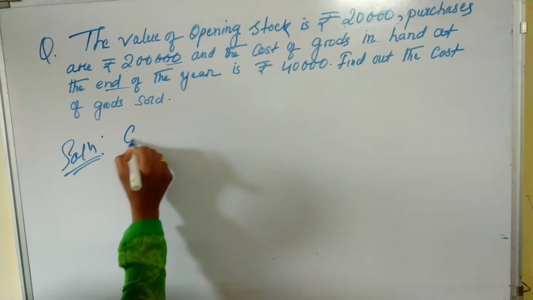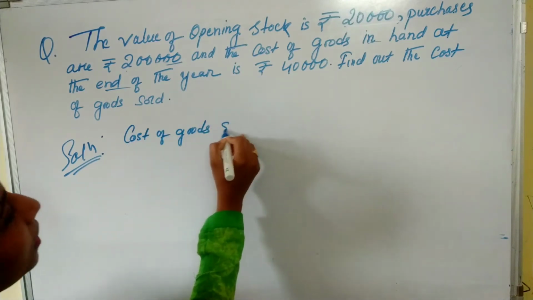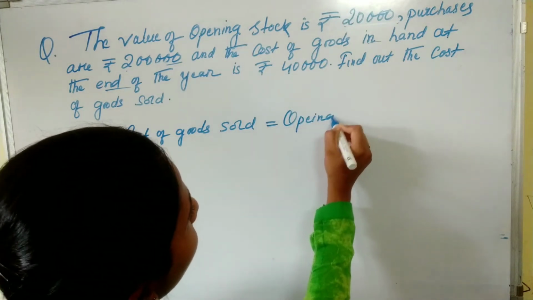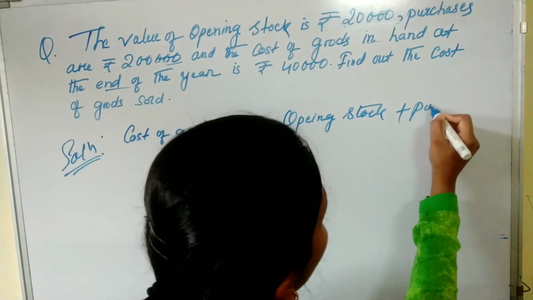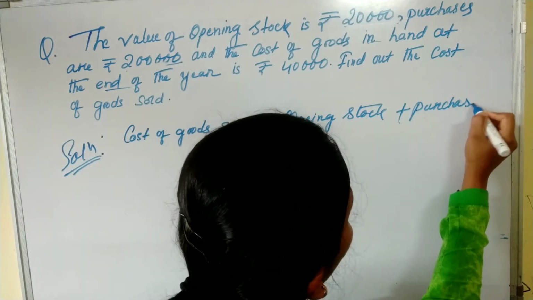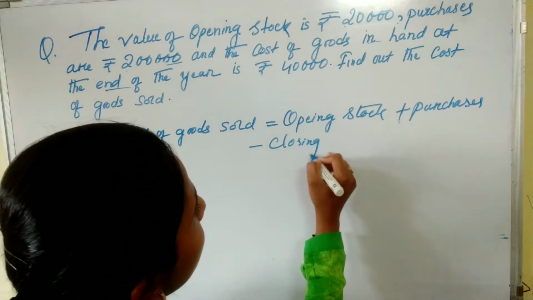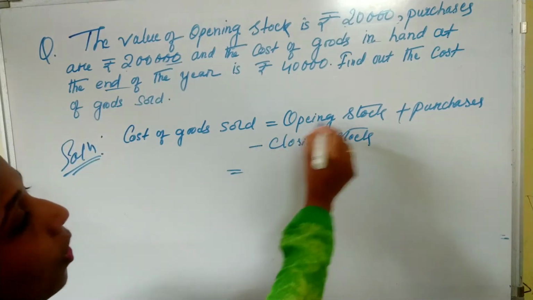First of all, we will write the formula. Cost of goods sold equals opening stock plus purchases minus closing stock.